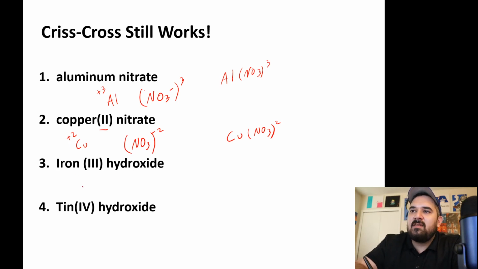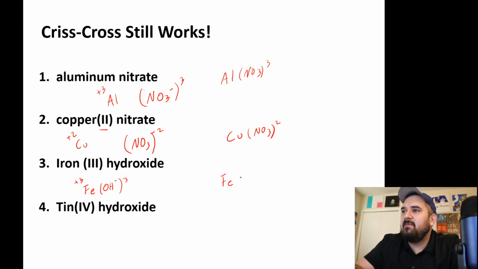Iron 3 hydroxide, so Fe. Our iron has a +3 charge. Our hydroxide has a -1 charge. Hydroxide, we just worked with it, so that's going to be OH. And OH has a -1 charge. So how many are we going to need? We're going to need 3 of them. So when you write it out, it's going to be Fe(OH)3.